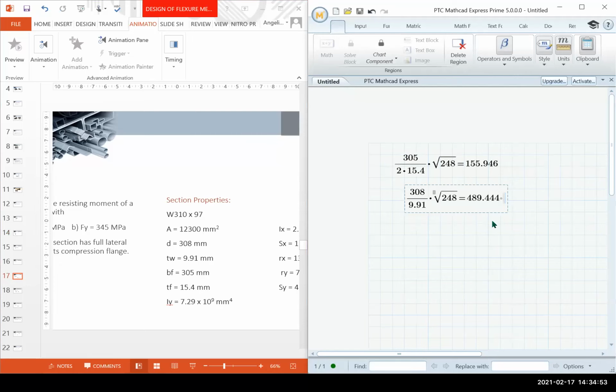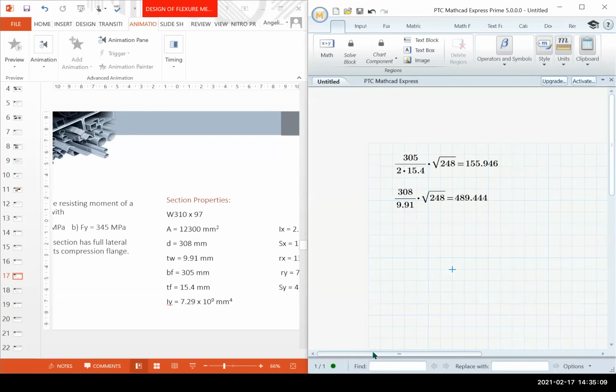So, less than din siya sa 1680. So, we can say that the section is compact. Compact yung section. Wait, lumalabas kasi ito. So, the section is compact.